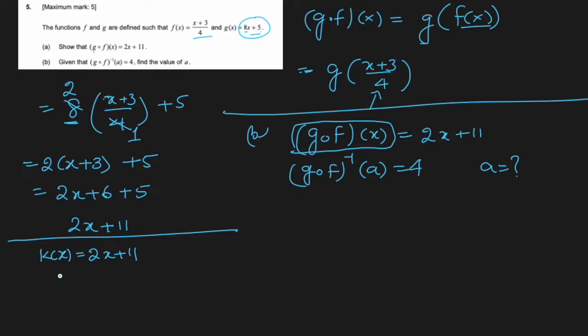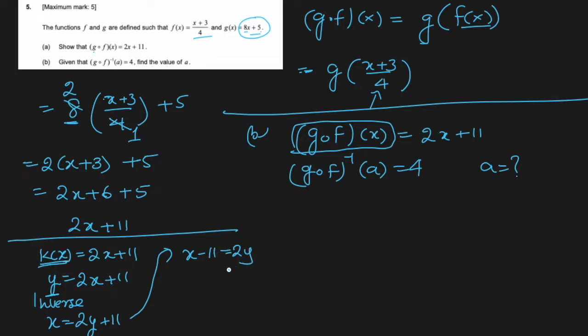So let's find the inverse of this. For the inverse, first we write y equal to 2x plus 11. And to write the inverse, we exchange the places of y and x. It becomes x equal to 2y plus 11, which will be x minus 11 equal to 2y, and divide both sides by 2.